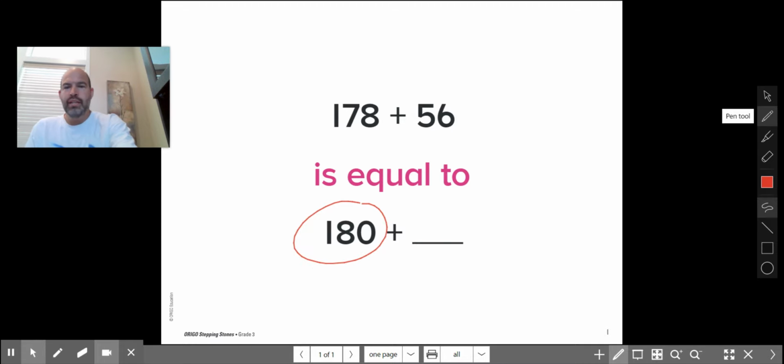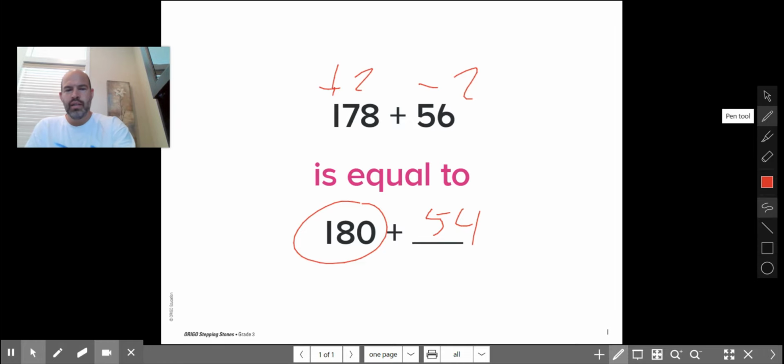And so that's adding 2 to this side, right? And then if we take 2 from one side, we have to subtract it from the other side. So I'm going to subtract 2 over here, right? So 56 becomes 54. Okay, a little easier to solve that kind of a problem.